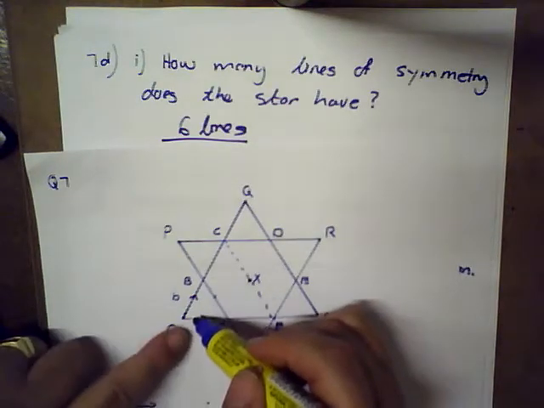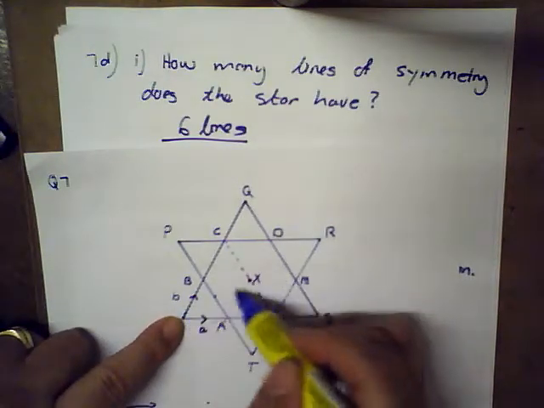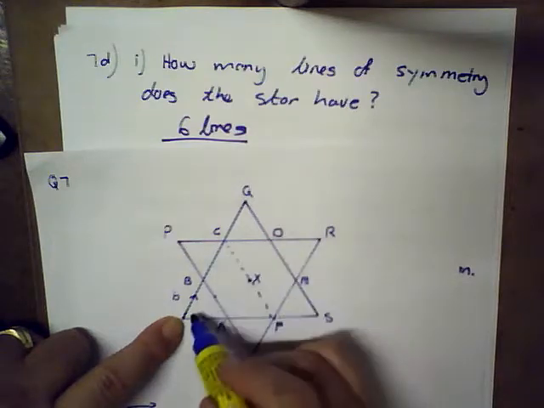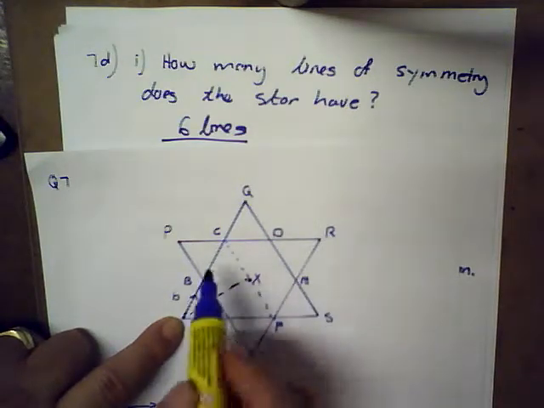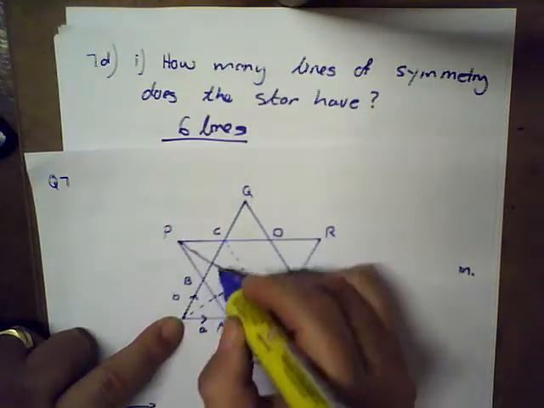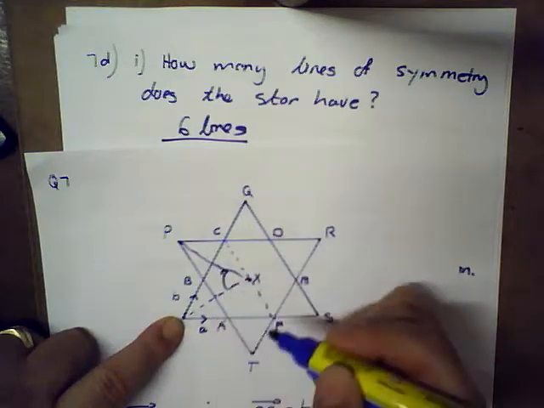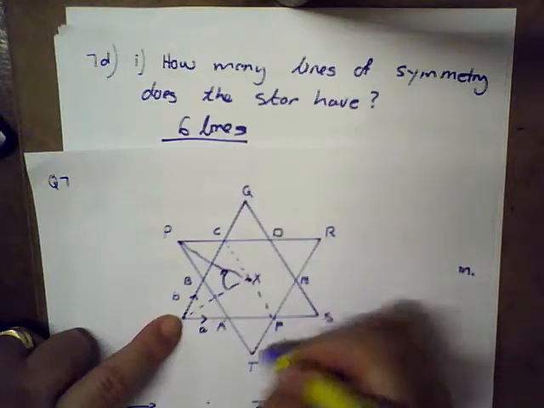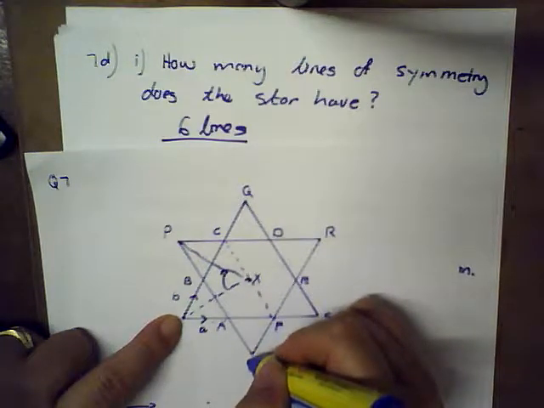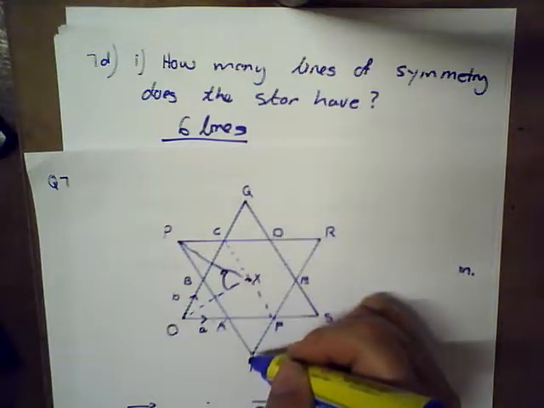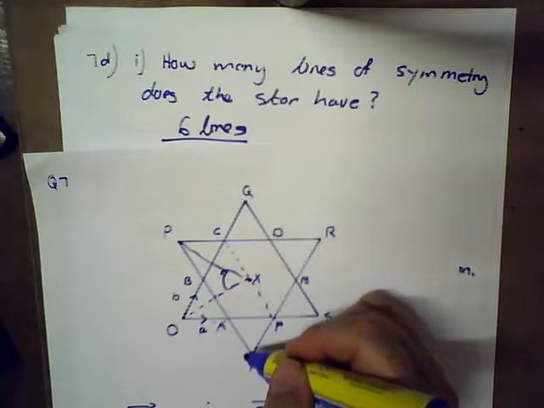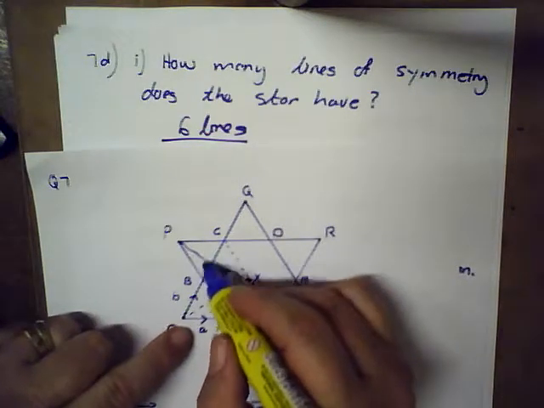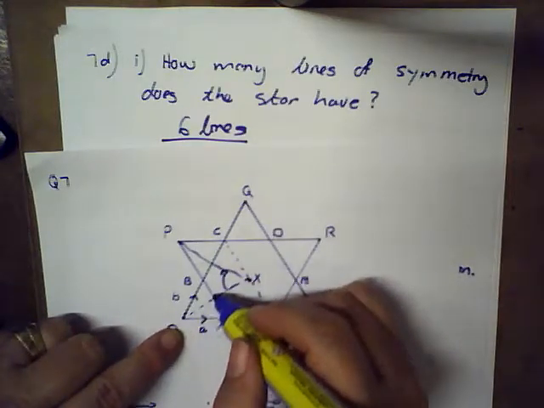So if I look at that, we have a center O, and I'm going to rotate it to this bit, and that's the rotation that I'm looking at. So I've got 1, 2, 3, 4, 5, 6 different angles. We know it's a regular hexagon with equilateral triangles, so all the rotations would be equal to one another.